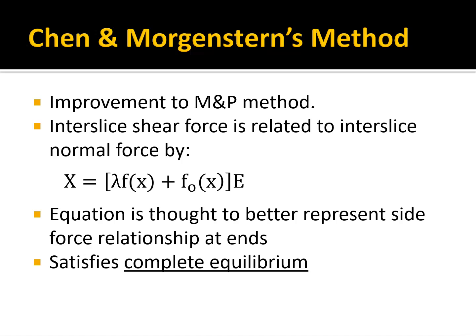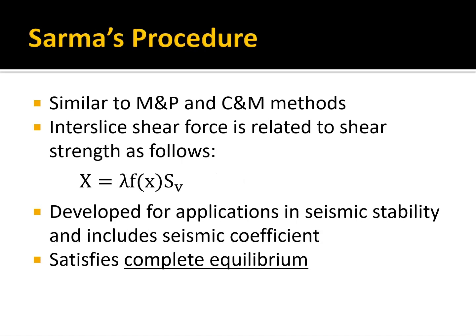Chen and Morgenstern method is very similar to this. It just has a different functional relationship between X and E, thought to better represent the side force relationships at the end. And then there's another one called Sarma's procedure, in which the interslice shear force X is related to shear strength using some scaling factor and a function.